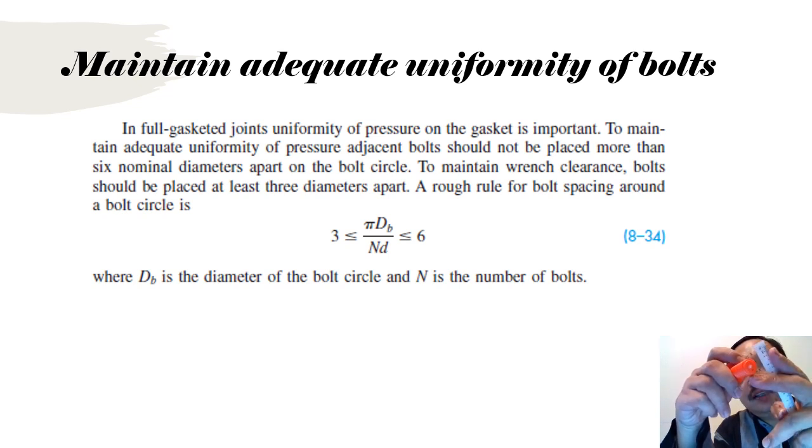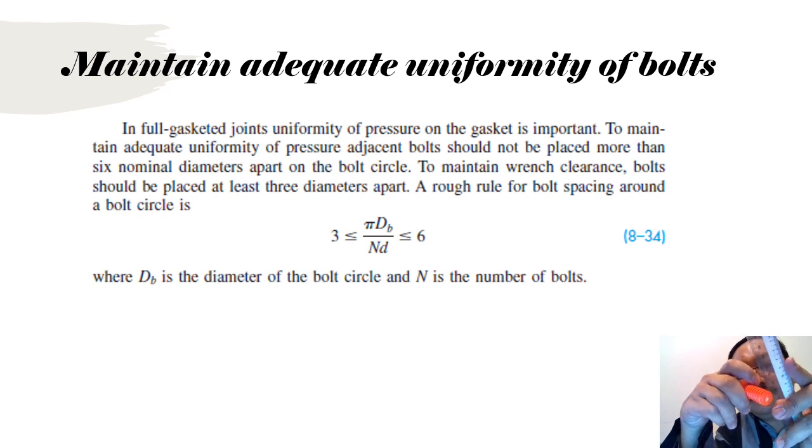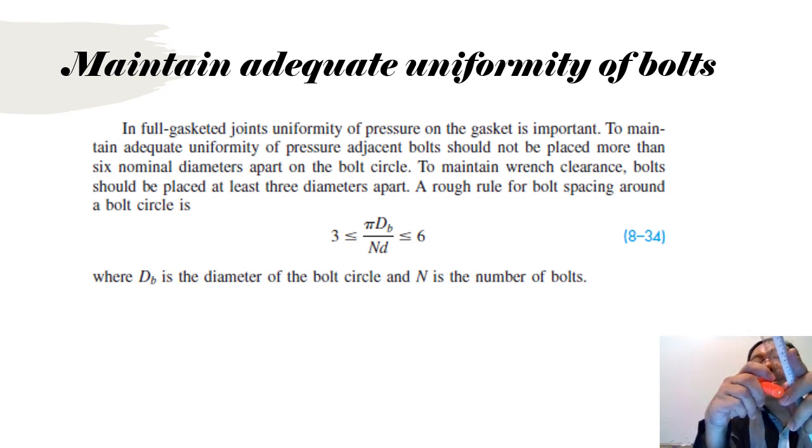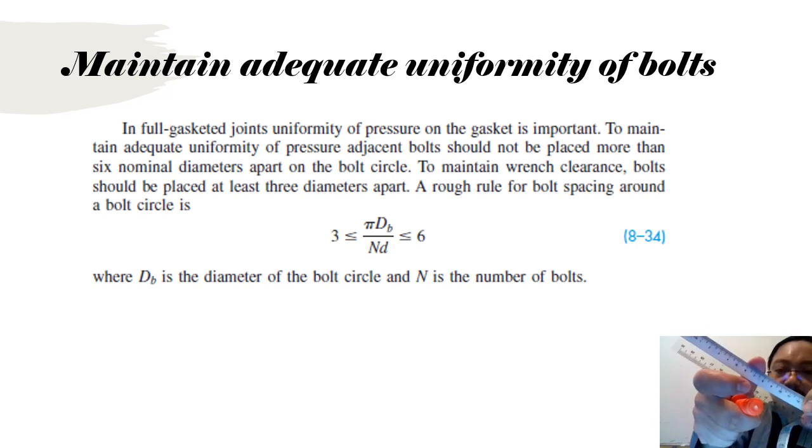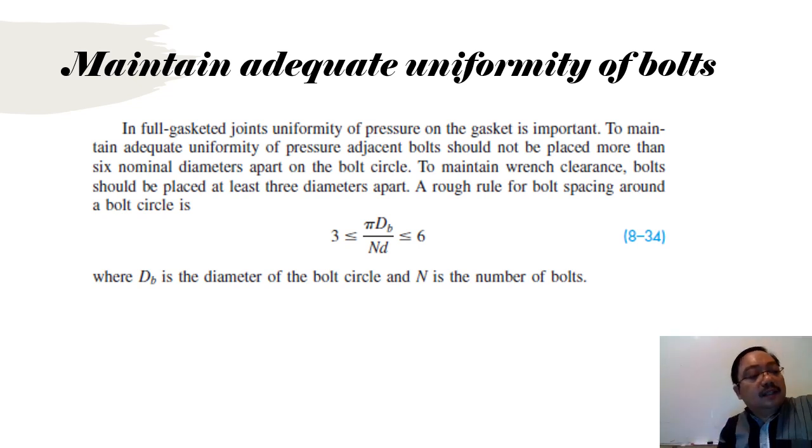Let's say this is 1 diameter, 2, 3, 4, 5, 6 diameters. It should not be more than 6 diameters of the bolt itself. If not, the pressure will not be distributed evenly. So that is what they mean by to maintain the pressure, bolts should not be placed more than 6 nominal diameters apart on the bolt circle.